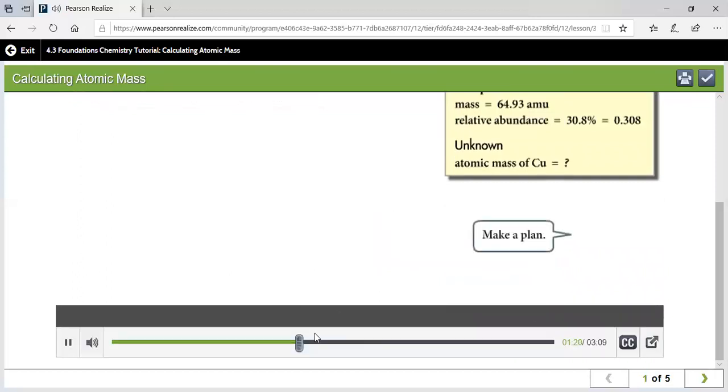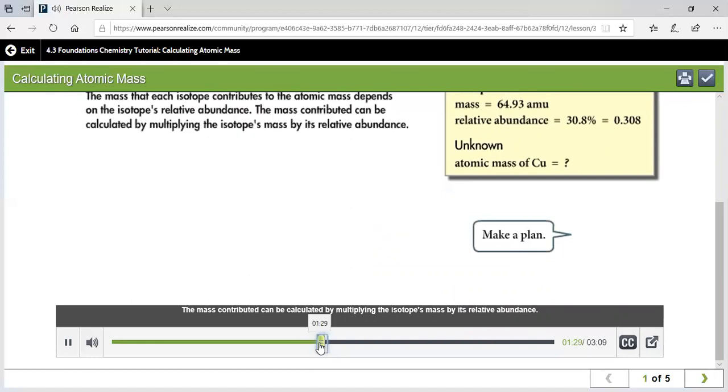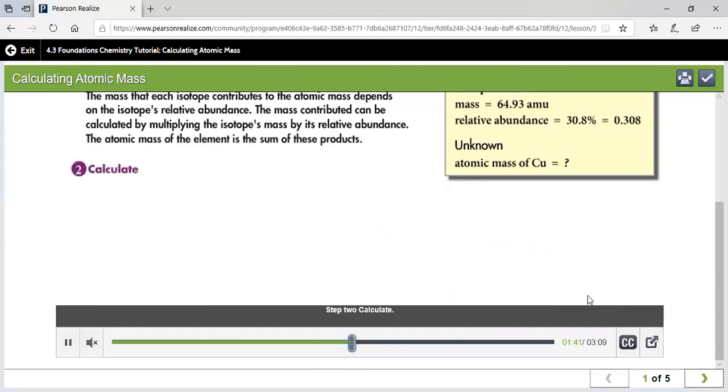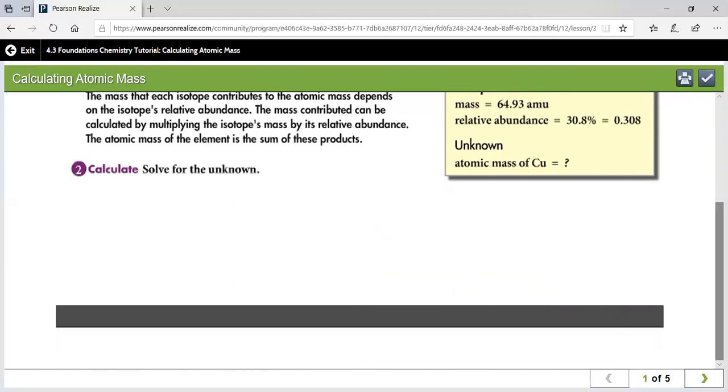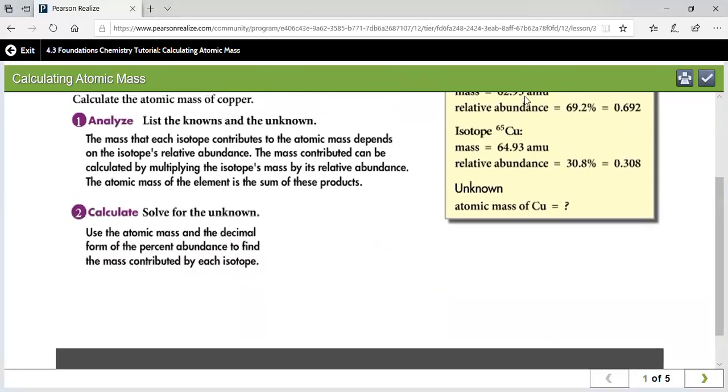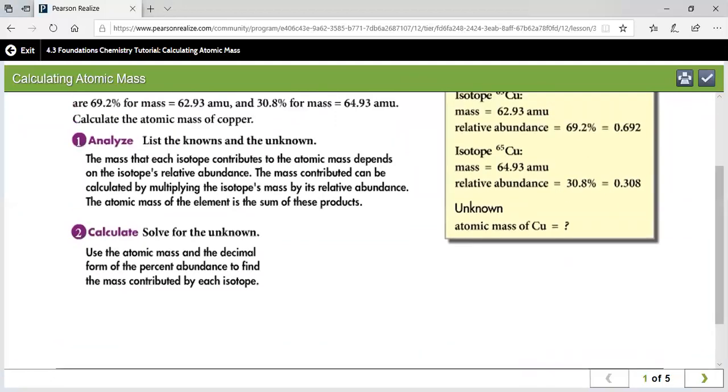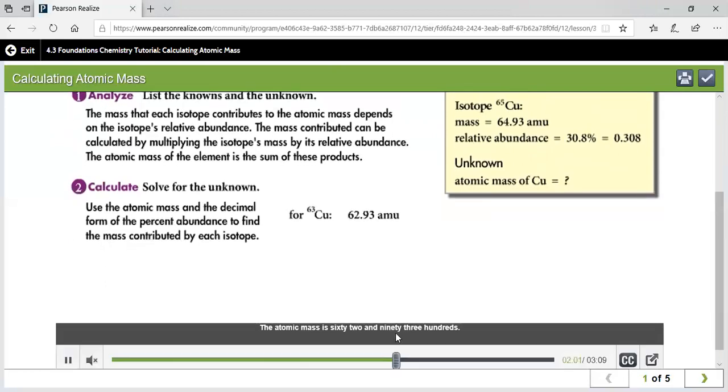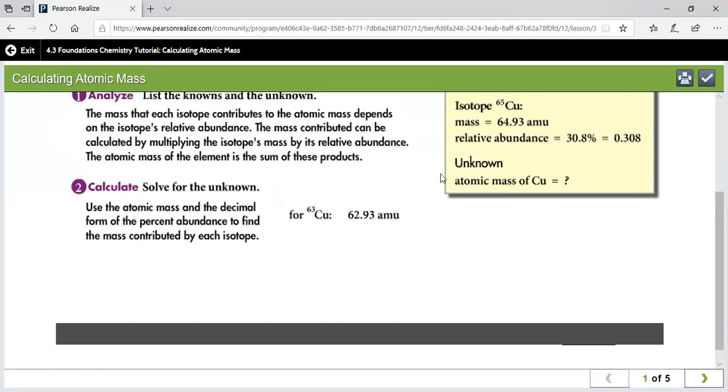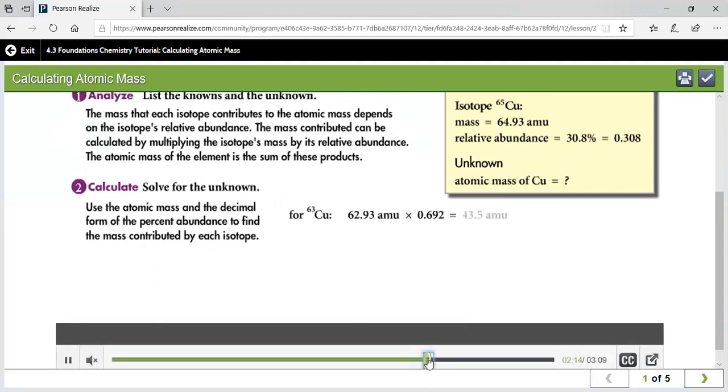After I get it as a decimal, I have to make my plan to calculate: I multiply the mass times the percent decimal for both, and after that add them together in order to get the mass of the copper itself. So that is the mass times the percent abundance in decimal for each one of them.